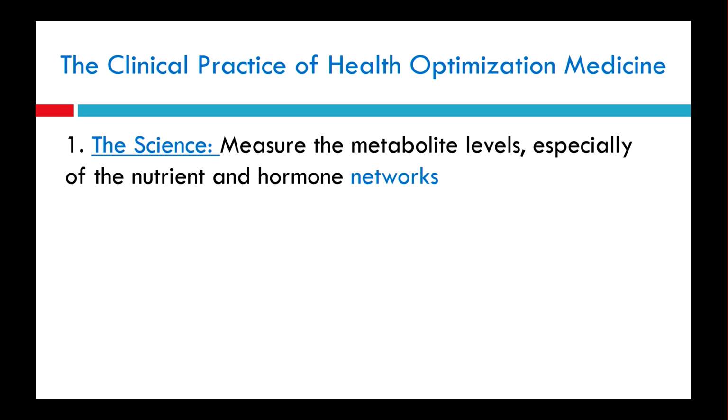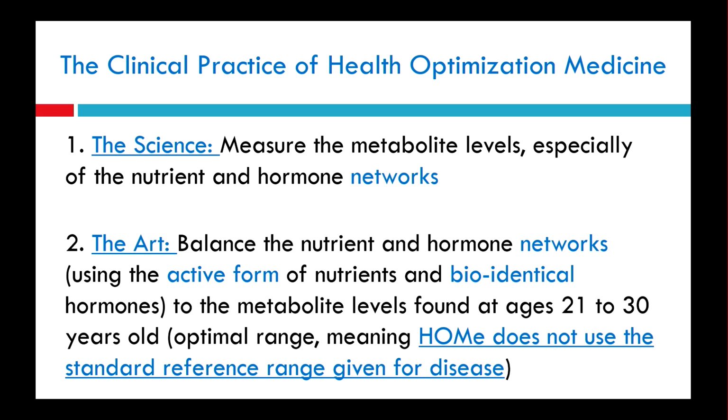So the clinical practice of health optimization medicine, the science is to measure the metabolite levels, especially of the nutrient and hormone networks, because that's what we have right now. The art is to balance the nutrient and hormone networks using the active form of the nutrients. For example, instead of giving folic acid, we give you methyltetrahydrofolate because it takes about 4 enzymatic steps to actually get there.